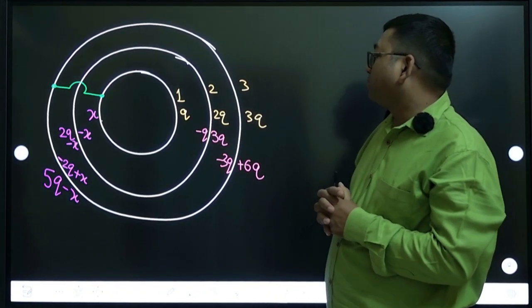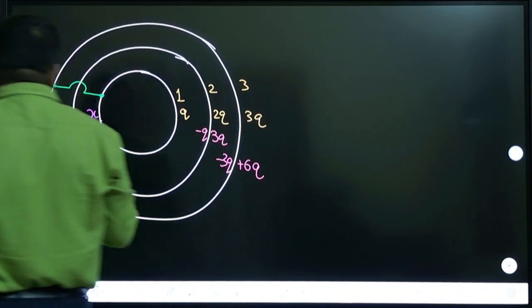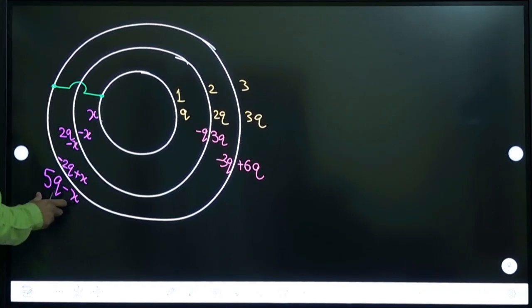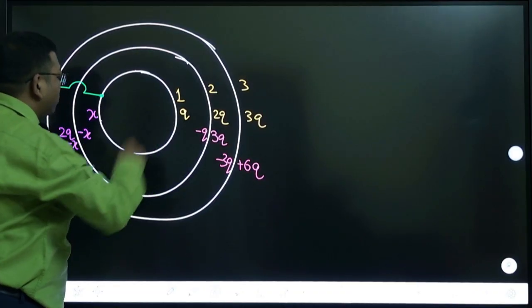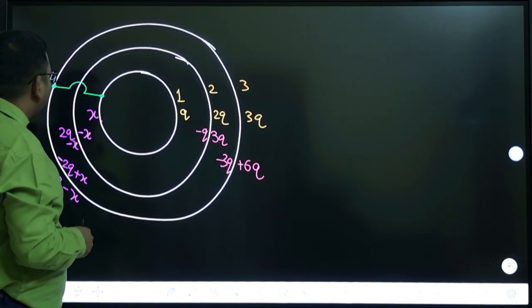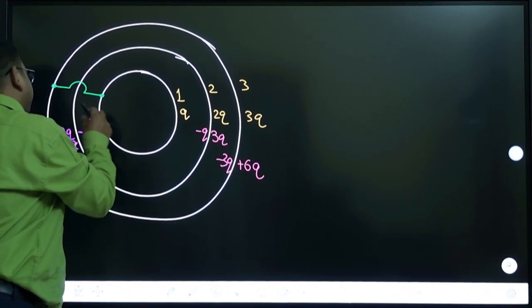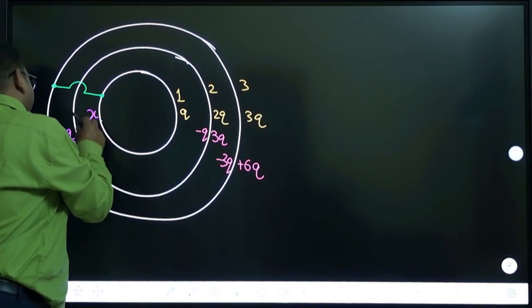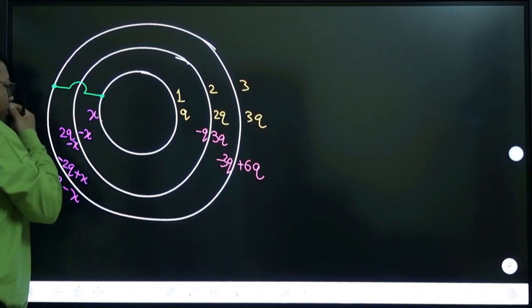The total charge must be 4q, right? So if you take this and this one, the charges are not getting balanced, because q and 3q must be there. So should we show the induction effect or not? We are taking x charge here. If you are doing the induction effect, should we show it between them or not?